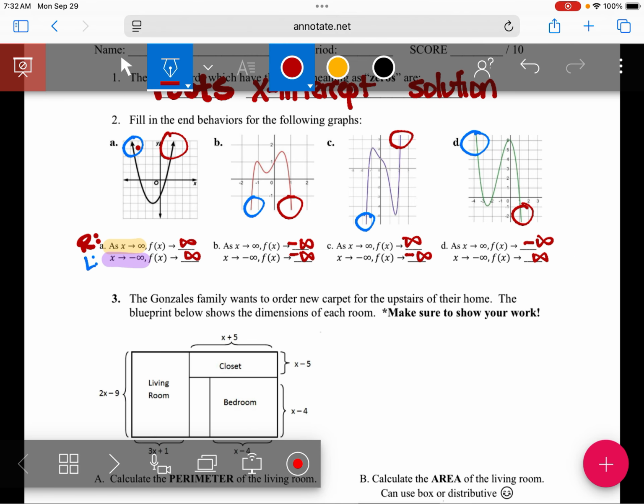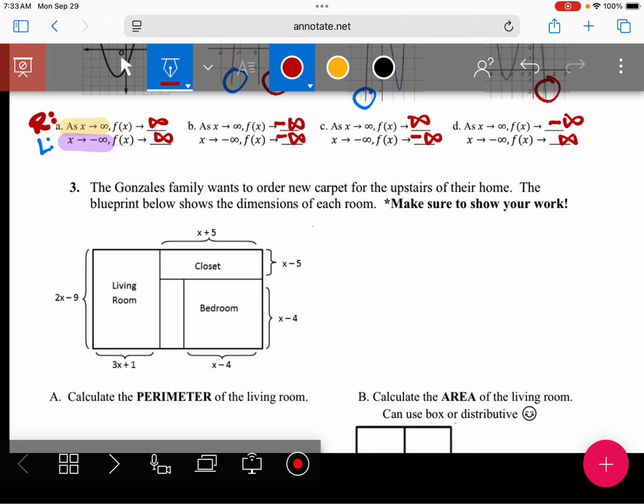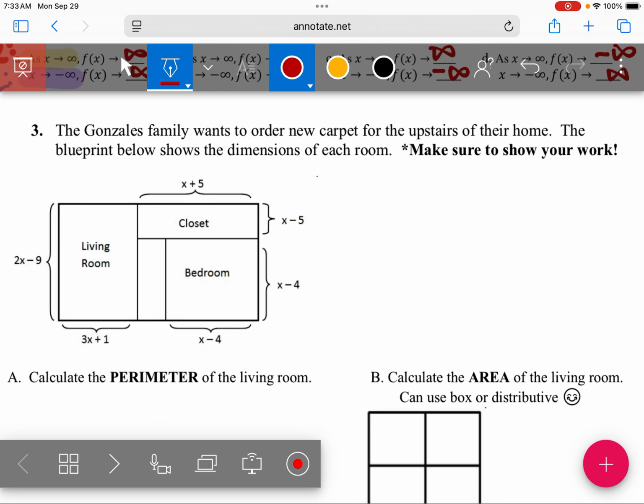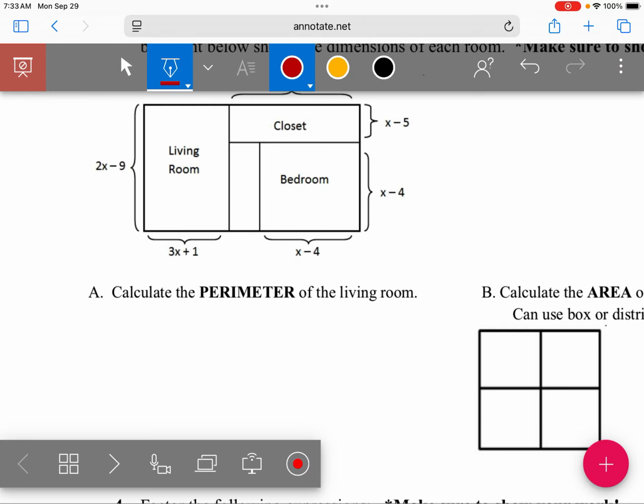All right, so now we have the Gonzalez family. They want to order new carpet for upstairs. For the upstairs of their home, the blueprint below shows the dimensions of each room. So when it's asking for perimeter, is that addition or multiplication? Addition, good. It's only talking about the living room, so that would be these 2 sides.